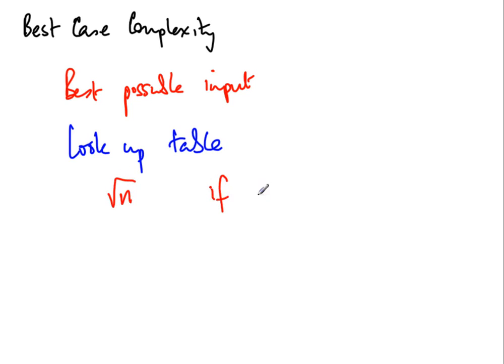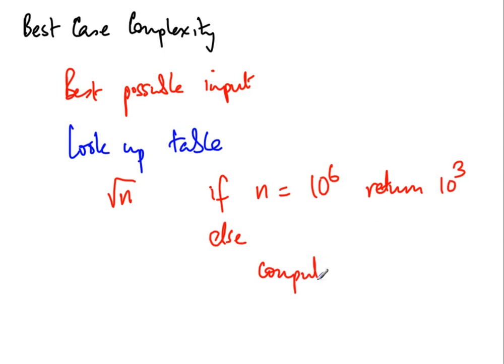We can have a function which says something like, if n is equal to say a large number, return 10 cubed, else compute. Now this would suggest that for this algorithm 10 to the power 6 is the best case input. But of course it makes no sense because the algorithm is really tuned to doing 10 to the power 6. So a best case input in practice is rarely used because it's not really a meaningful estimate of any kind.